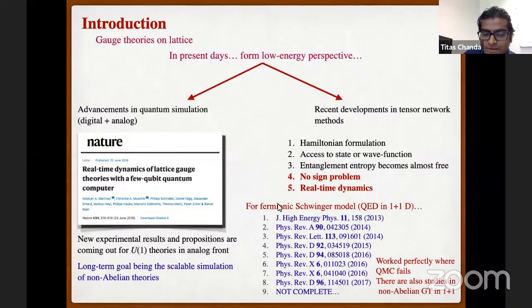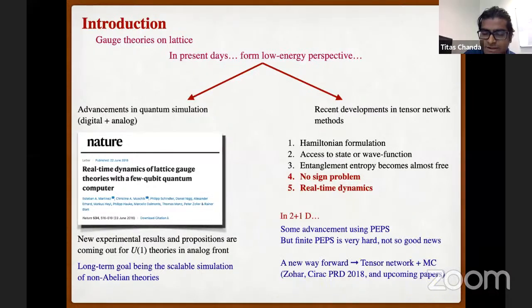So tensor network methods are really advantageous in these cases. In the past couple of years, the fermionic Schwinger model, that is quantum electrodynamics in 1+1 dimension, has been successfully studied in various papers. The list is not complete, and it worked perfectly where quantum Monte Carlo failed. There are also studies in non-abelian gauge theories in 1+1 dimension. However, in higher dimensions, for example in 2+1 dimension, there are some advantages using PEPS, but PEPS are very hard to calculate computationally. However, the tensor network community is trying hard to minimize such computational cost.